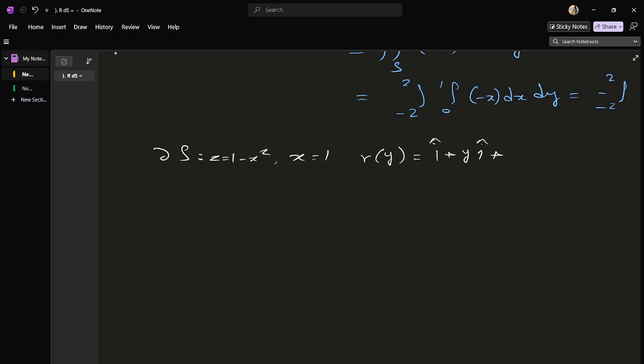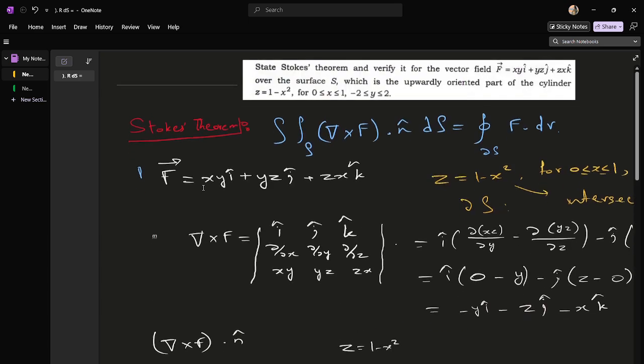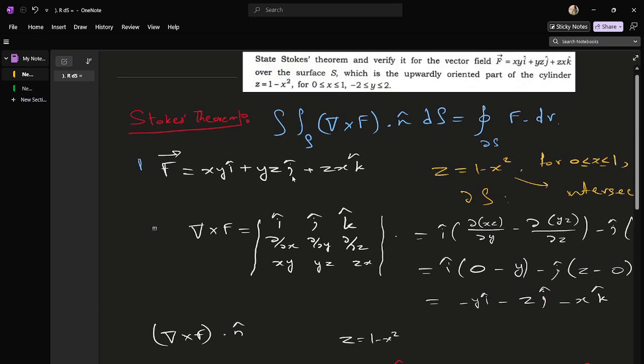So now by putting x equal to 1 in our parameterized curve, we will get i and y j cap, and it's 1 minus 1 square. So the coefficient of k cap vanishes now. So it's i cap and y j cap. After this, the vector field along del S is the given F, which is this.